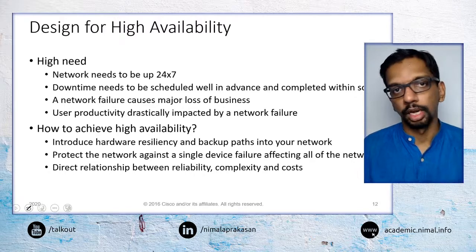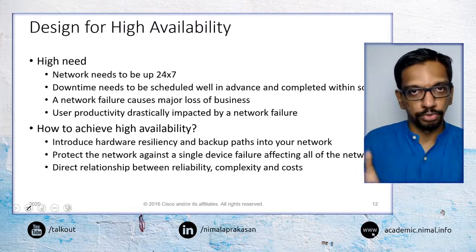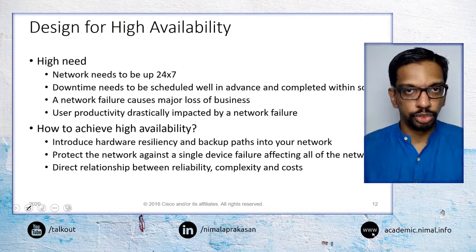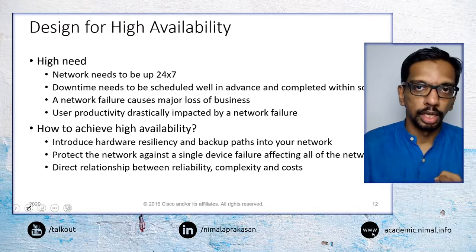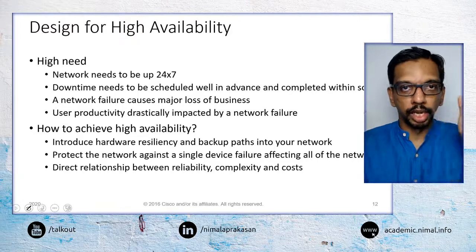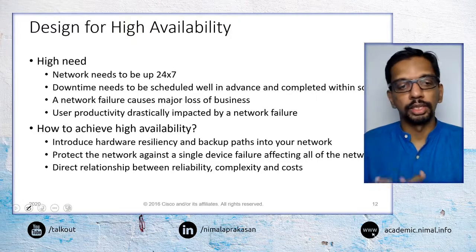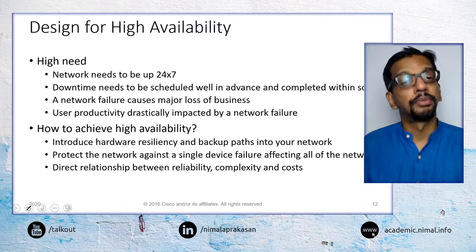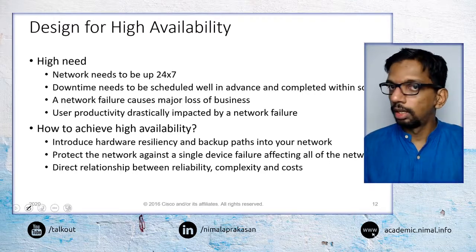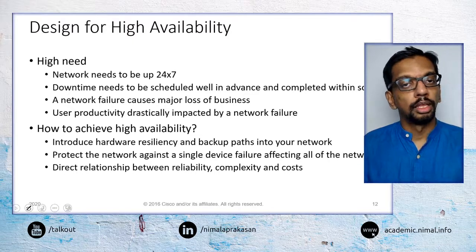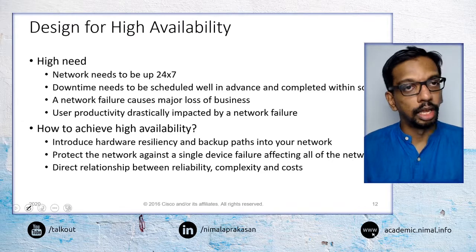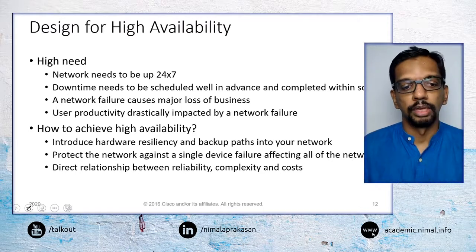So like a banking network or an ATM network for a bank, there it needs to work 24/7. If the network needs to go down, then it should be planned accordingly and the upgrade should be completed within the given time. Network failure can be a big problem, it can be a big loss of business and so on. So those are the types of networks that we can classify as high need networks in the context of availability.